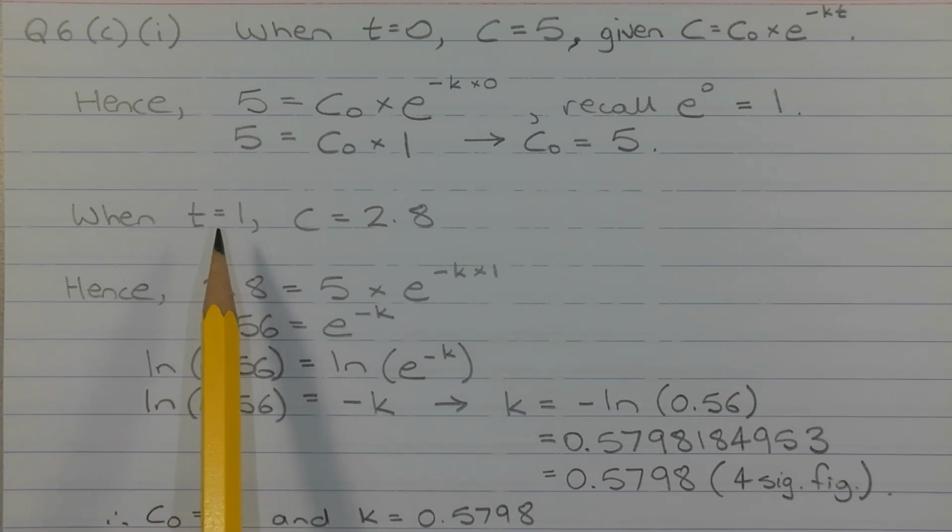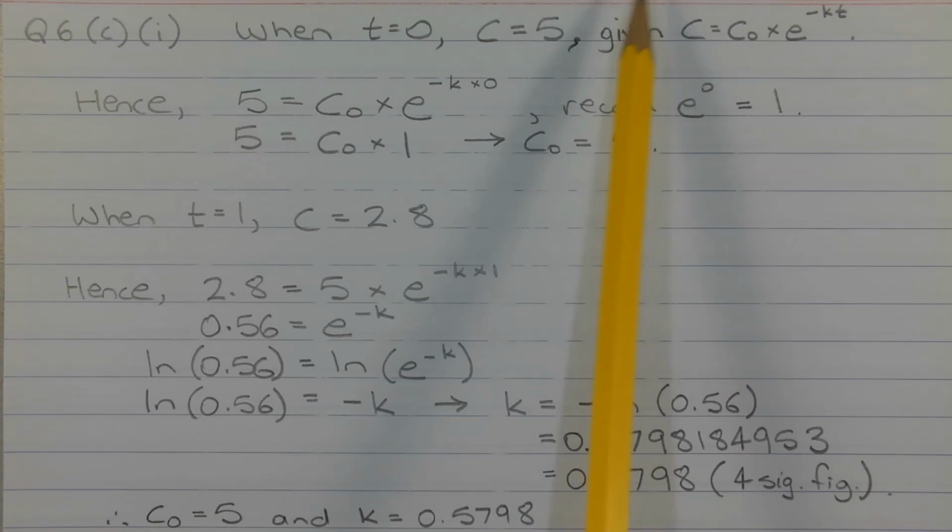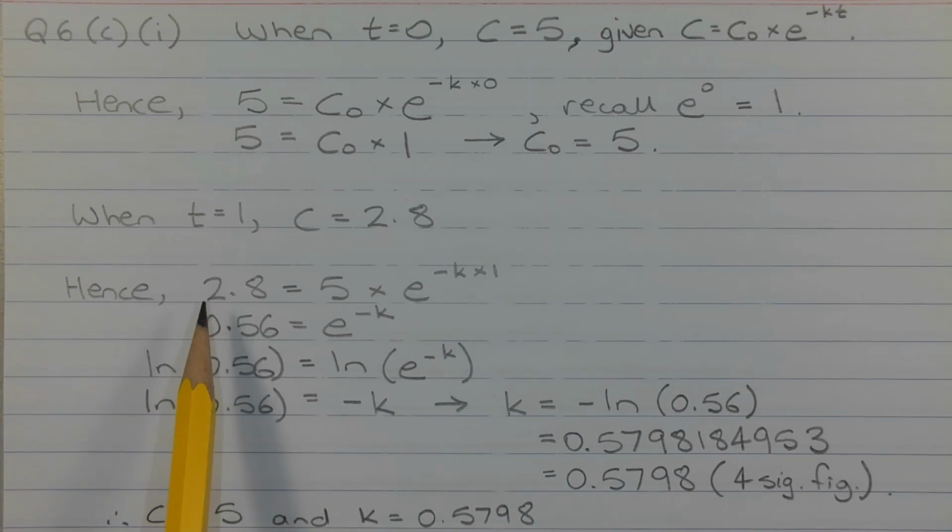Now, when t equals 1, C is equal to 2.8. Substituting 1 for t and 2.8 for C in the model, and we have the value of C0, which is 5, we get the equation 2.8 equals 5 times e to the power of negative k times 1. Now, negative k times 1 is negative k, and dividing 2.8 by 5, we get 0.56 equals e to the power of negative k.